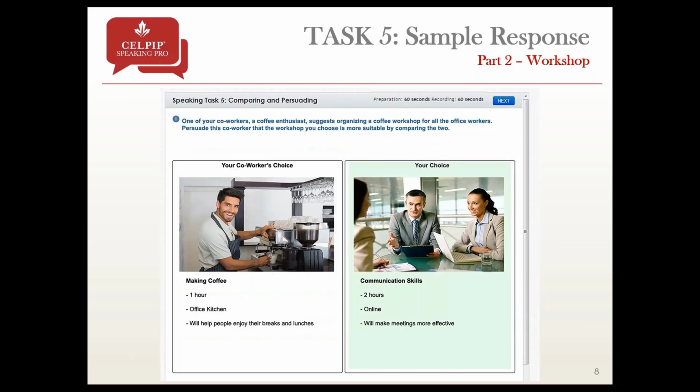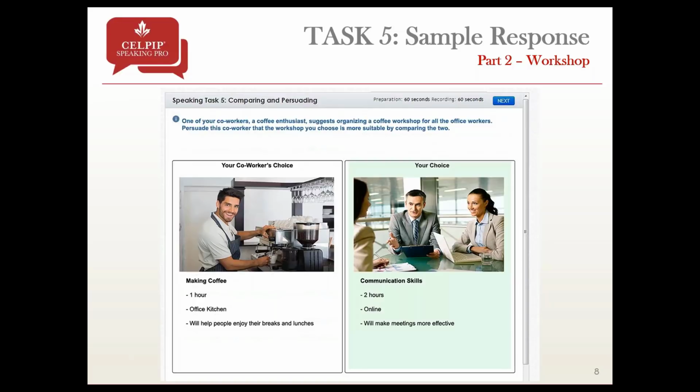So I think that communication skills is very important to improve the productivity and quality of work. So we need to make a workshop to improve the communication skills for everybody. So it's gonna take 2 hours, which is very good and convenient time for all employers.